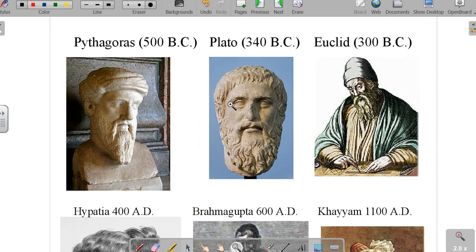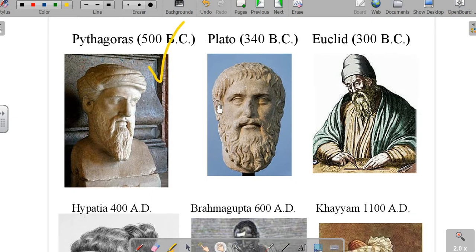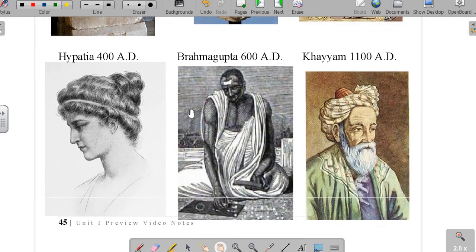In other words, these men and women and dozens more like them have conducted experiments over and over again and came to generalized truths about geometry, including, but not limited to, the most infamous or famous, depending on how you think about it, Pythagoras, Plato, Euclid, Hypatia, Brahmagupta, Khayyam.